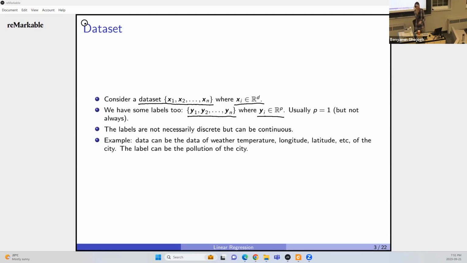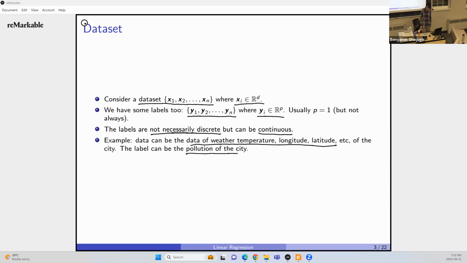And these outputs might be one output, doesn't matter. Okay. The labels are not necessarily discrete because it's a regression problem, right? It might be continuous, okay? For example, the data can be the weather data, temperature, longitude, latitude, etc. And the label can be pollution. Doesn't matter. Okay, this is an example.